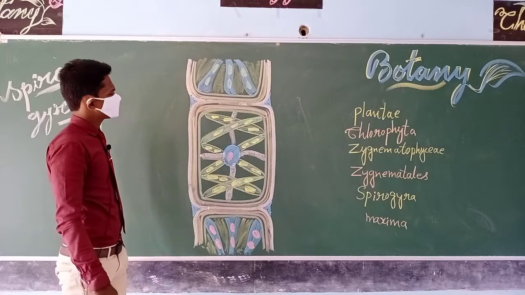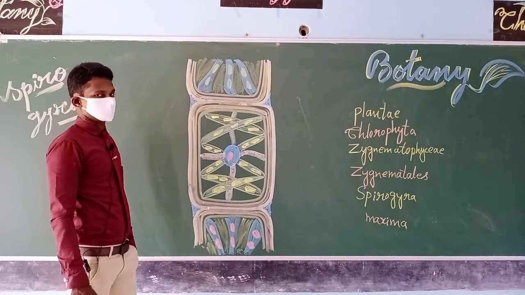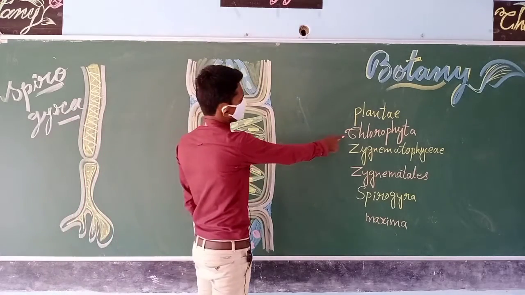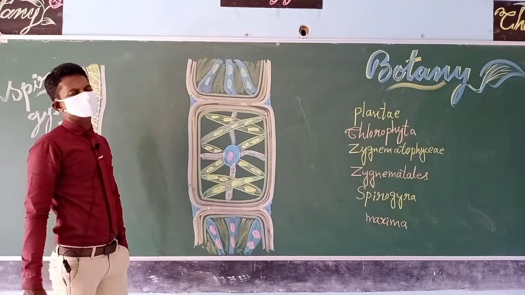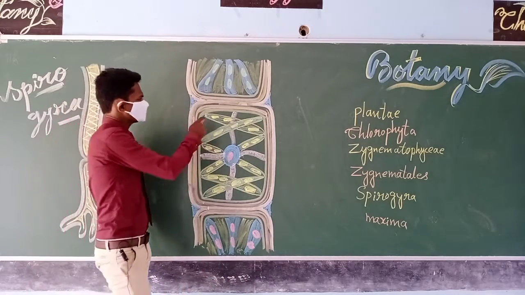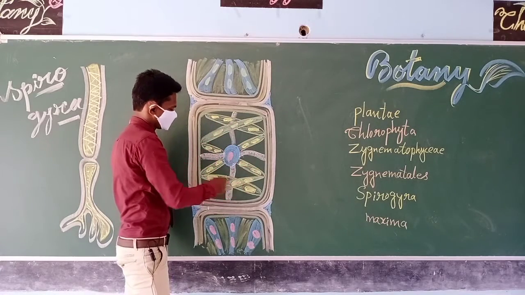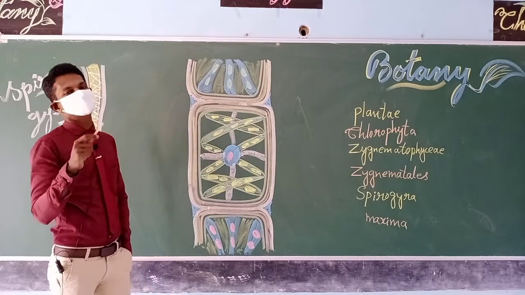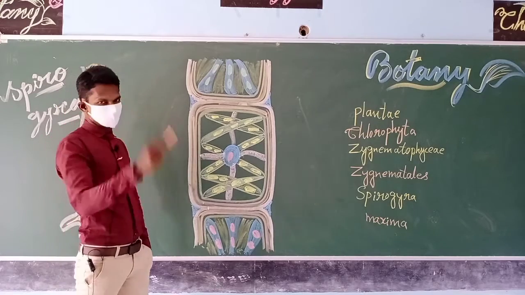One more thing, we could observe the chloroplast, the kitchen of the cell, in Spirogyra because it belongs to the division Chlorophyta. These chloroplasts, approximately 16, are arranged in a ribbon-like or ladder-like structure, and that too spirally, same as the DNA double helix structure.